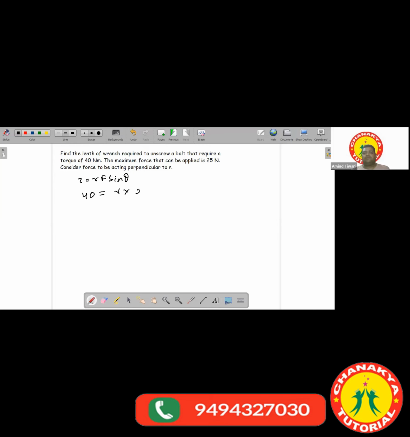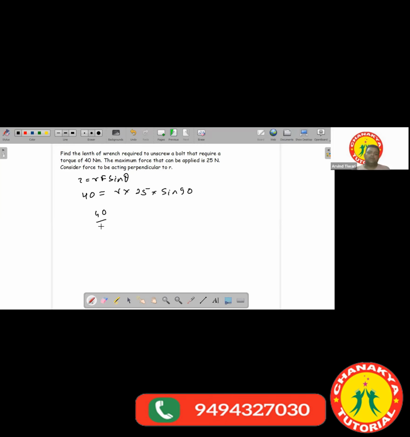Okay, 1.6. Dhananjay? 1.6 only, sir. 1.6 meters. Okay, so let's say you will be using the formula torque equals r F sine theta. So torque here is 40, which should be equal to r, which we find out, multiplied by F, which is 25, and sine 90 is 1.